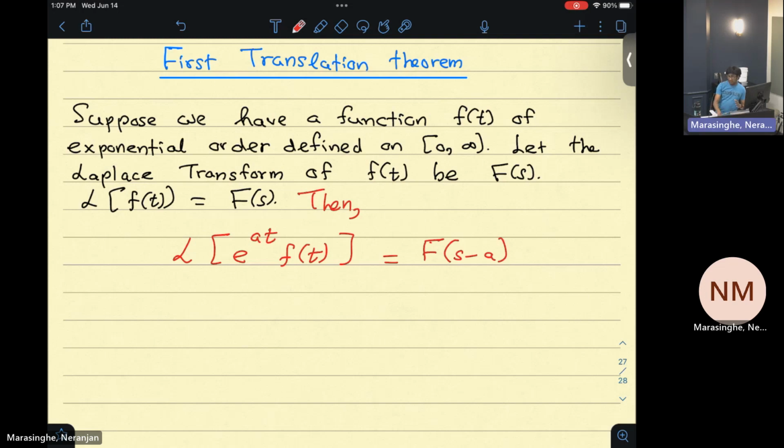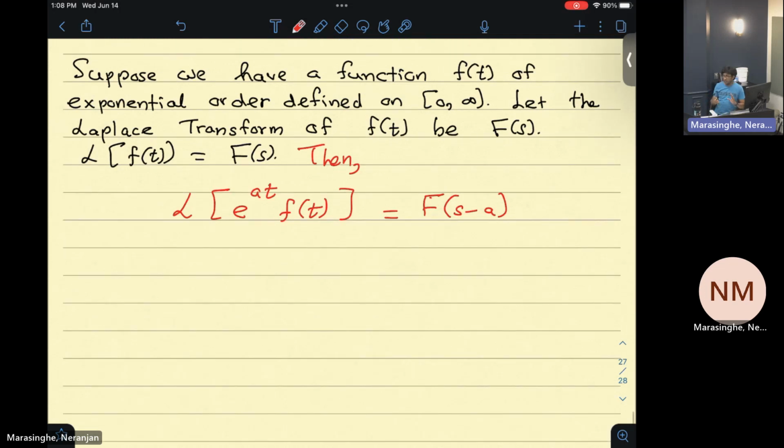F(s) is the Laplace transform of the function f, and F(s minus a) is a translation of capital F. Right? I hope you're familiar with the term translation. That means you would translate the graph. Right? You are not going to change F(s).